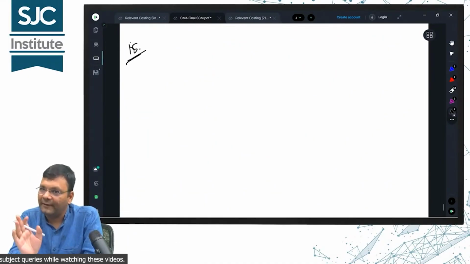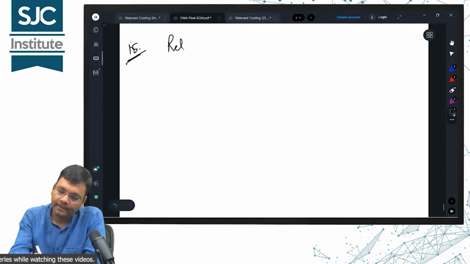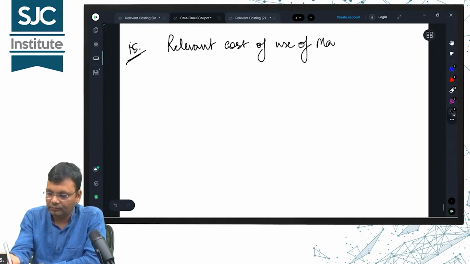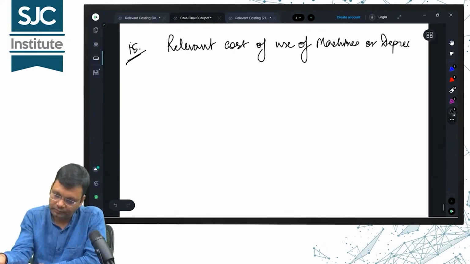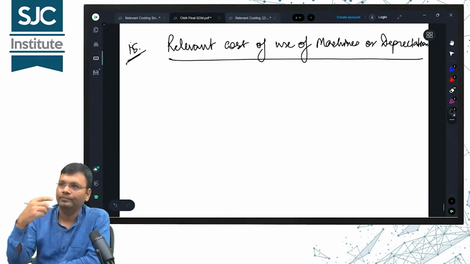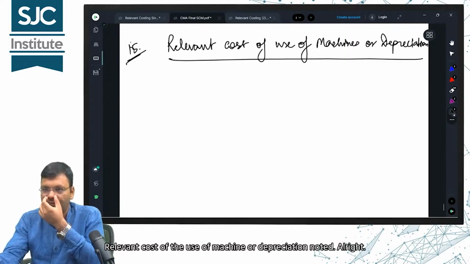Okay, after this, there is the relevant cost of the use of the machine and depreciation. Relevant cost of the use of machine or depreciation, noted.